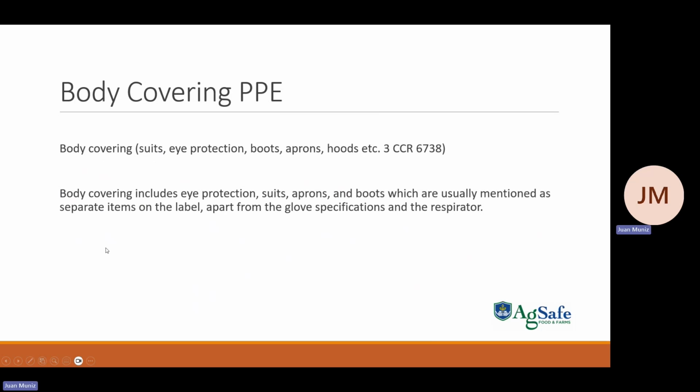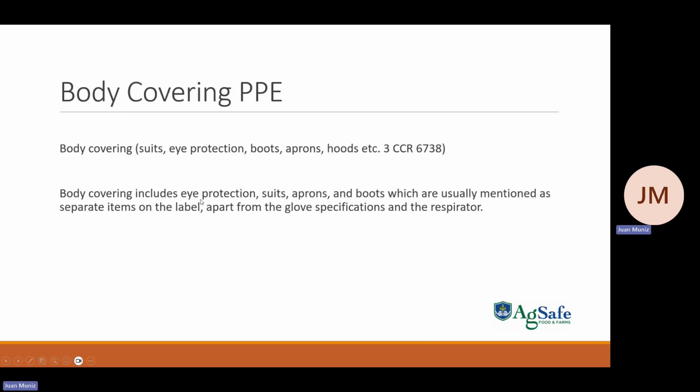Body coverings, PPE. Body coverings again refers to all the other items outside of the gloves and the respirator. So any type of suits or coveralls, overalls, eye protection, boots, aprons, and hoods, along with face shields and that type of eye protection, goggles and safety glasses.